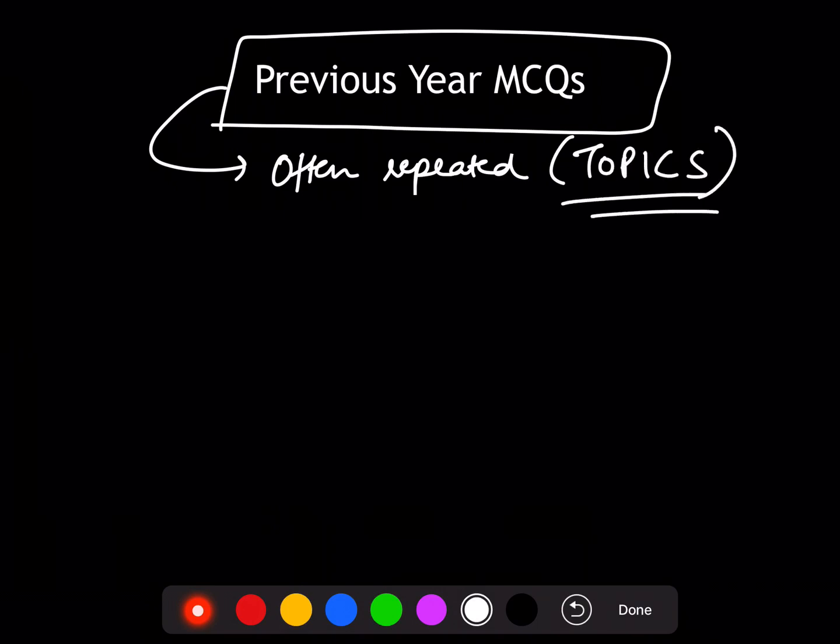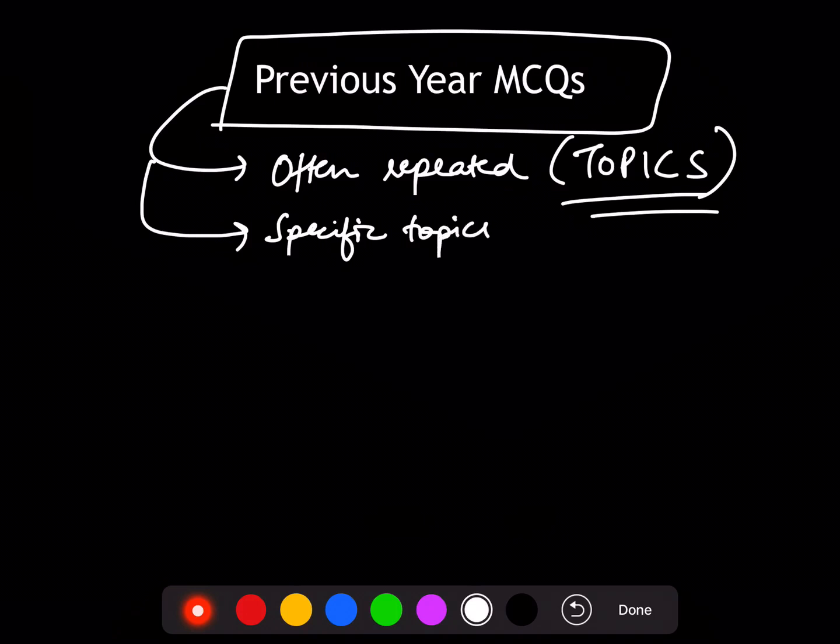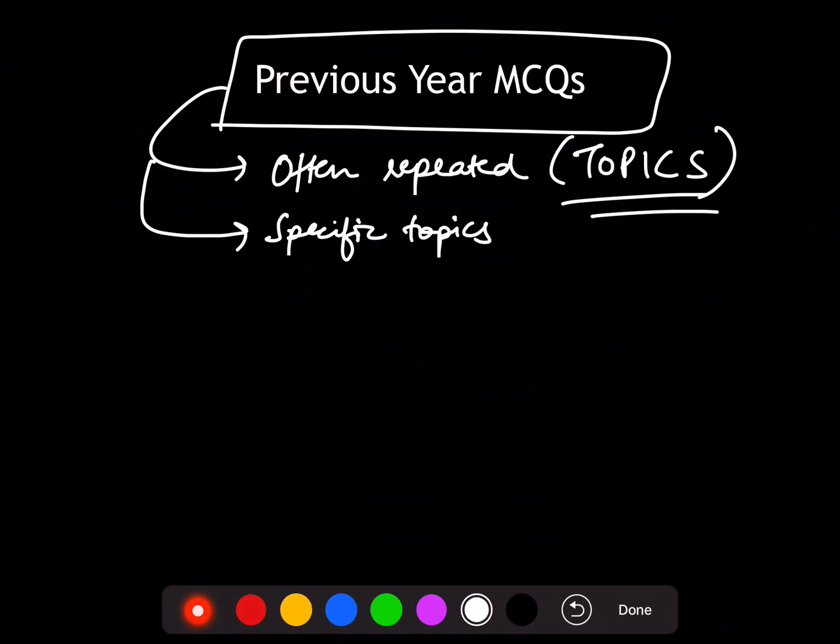If not the questions, the topics are often repeated. And the other point is that these are some specific topics. PGI has a tendency to ask some specific topics which we do not read that much in detail for other competitive exams. So it's always a must do to try and understand the previous year MCQs before going into the PGI exam.